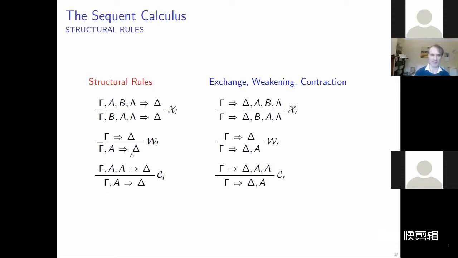This is weakening, you can add formulas. And finally, you can contract formulas. So if you have a formula A appearing twice, you can contract it. I said they are boring, but this is the object of study in what's called linear logic.